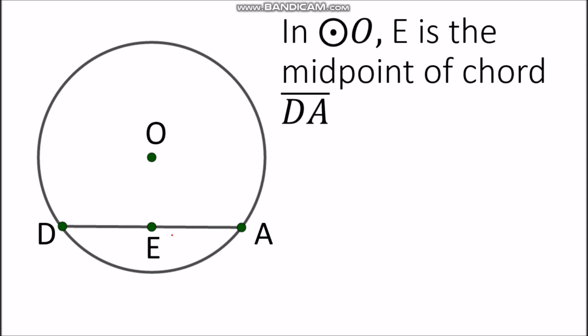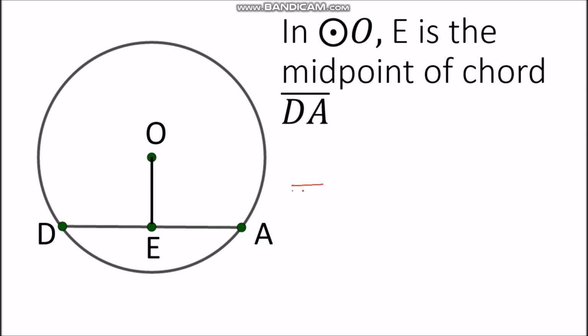For example, you have here circle O, wherein we have segment DA as a chord. At the same time, point E is given, which is the midpoint of the chord DA. Now, if we connect the center, which is point O, to the midpoint, which is point E, with a segment, we have segment OE.